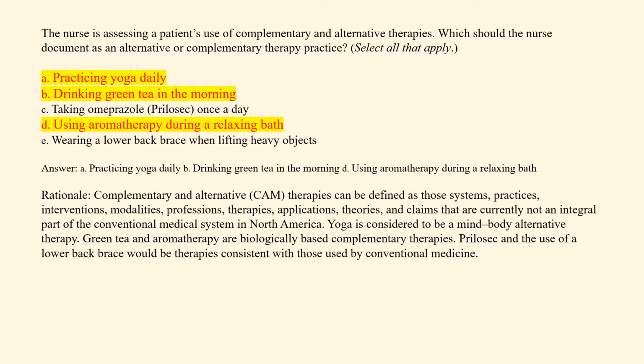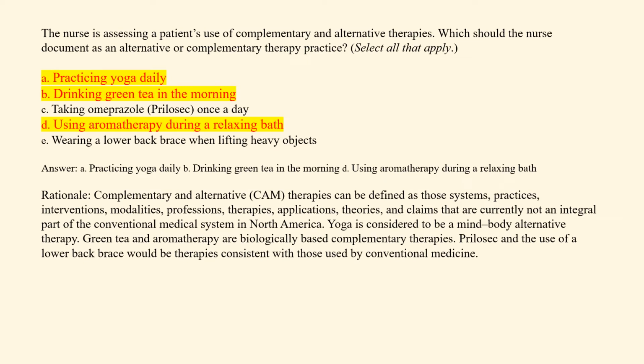Answer: A. Practicing yoga daily. B. Drinking green tea in the morning. D. Using aromatherapy during a relaxing bath. Rationale: complementary and alternative (CAM) therapies can be defined as those systems, practices, interventions, modalities, professions, therapies, applications, theories, and claims that are currently not an integral part of the conventional medical system in North America.